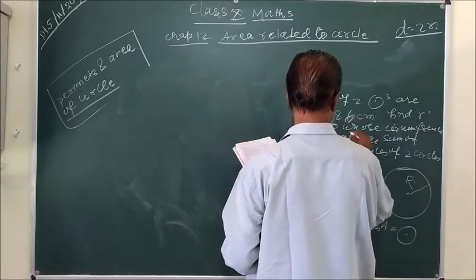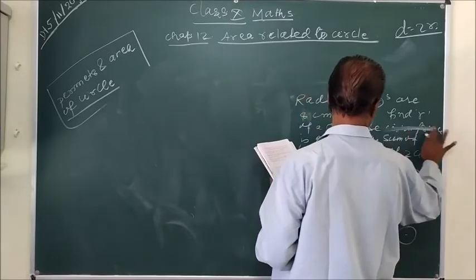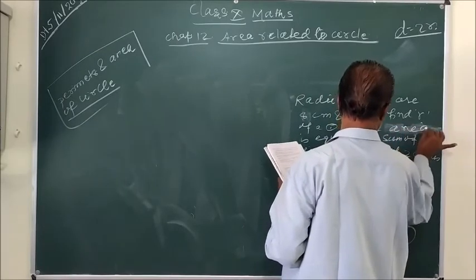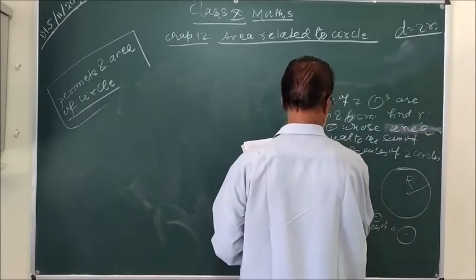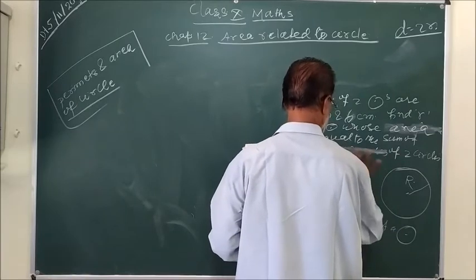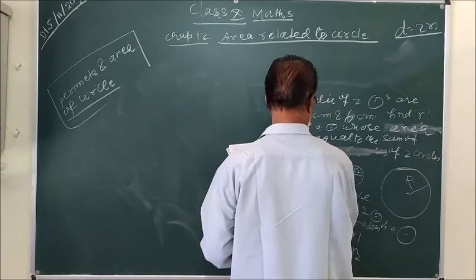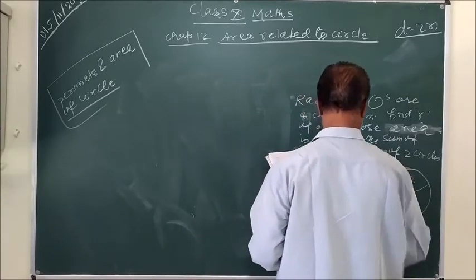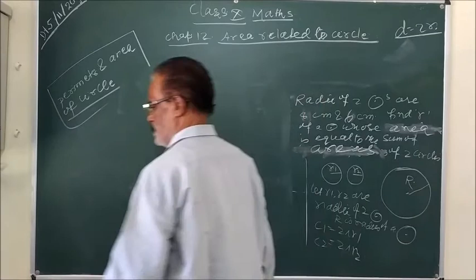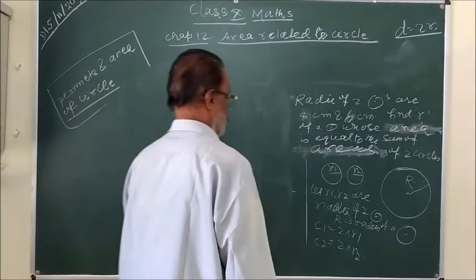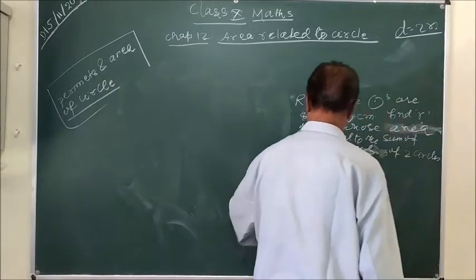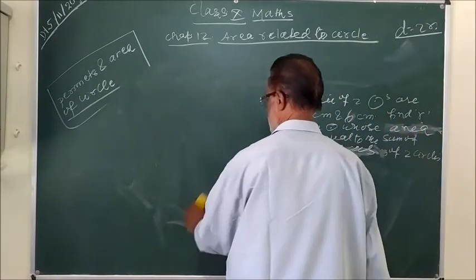Find the radius of a circle whose area, not circumference, here it is area, is equal to the sum of the areas of the 2 circles. Now this is exactly the same question, but here area is given, and in the previous question, circumference.